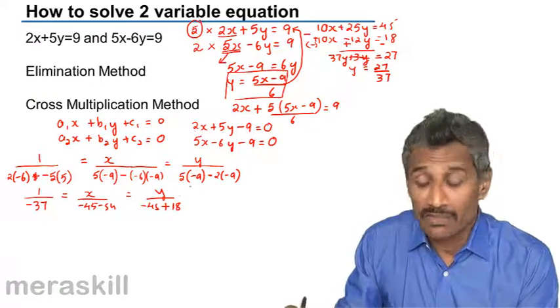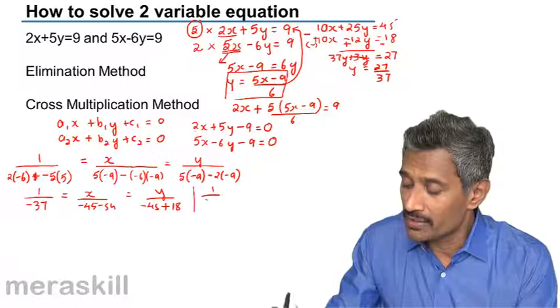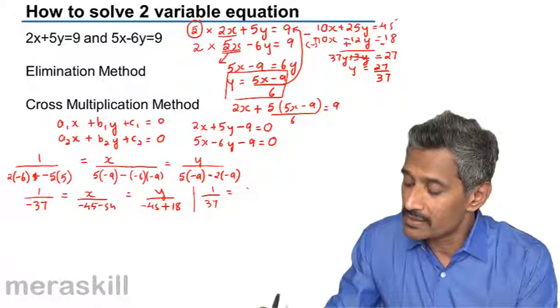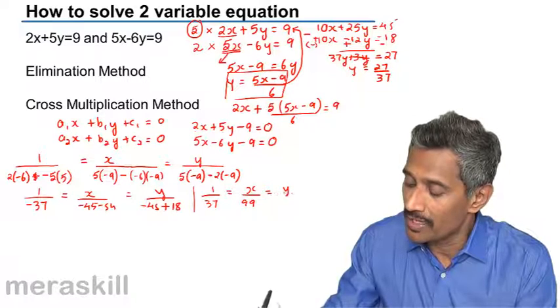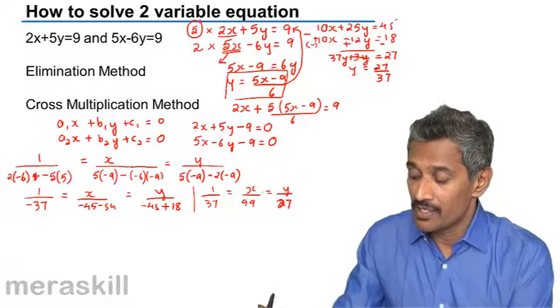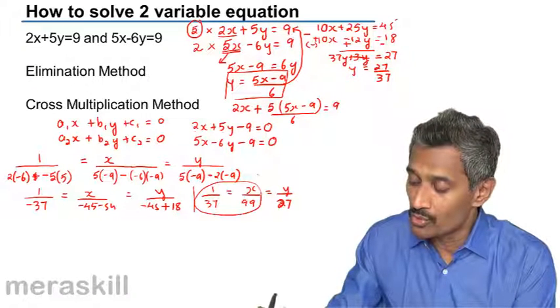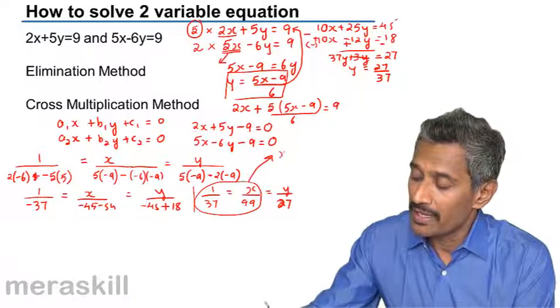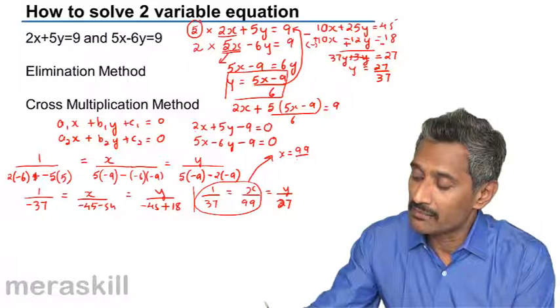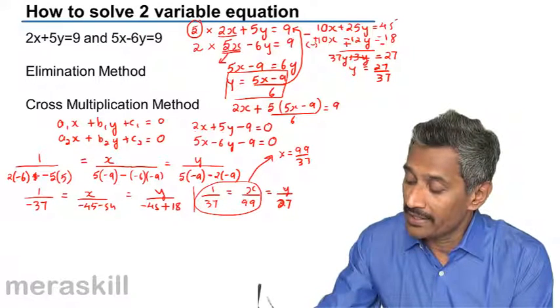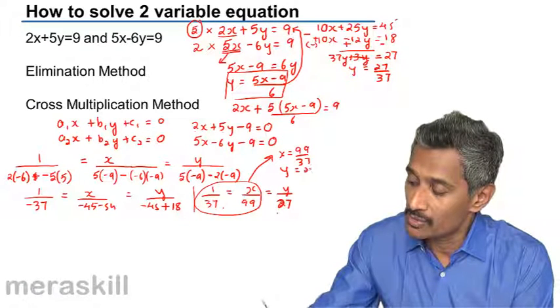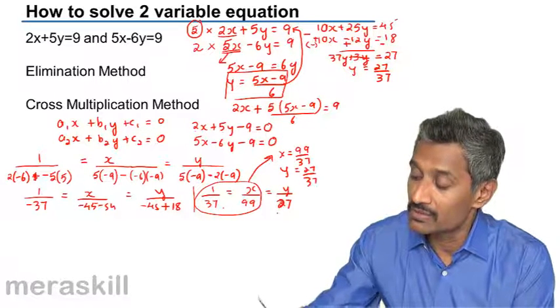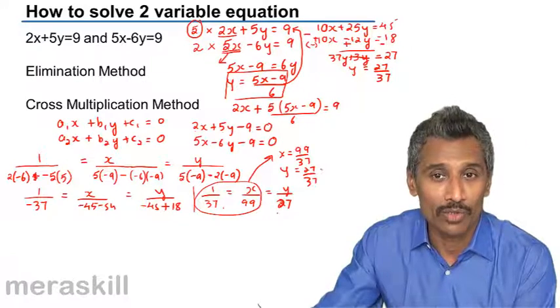And you can cancel away minus, and ultimately you get 1 upon 37 is equal to x upon 99 is equal to y upon 27. So if you equate these two, you get x as 99 by 37, and if you equate this and this, you get y as 27 by 37, which is what we got by this method also.